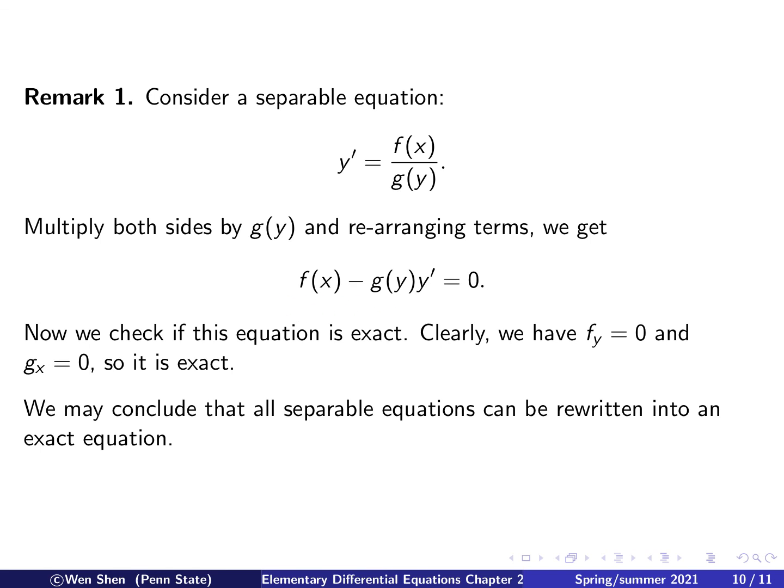Now let's check if this is exact, which is quite clear, because if you differentiate this M function, which now is f prime of x, in y, well, it's only a function of x, so it's 0. And you differentiate this in x, which is only a function of y, it's 0. So it's an exact equation. So based on this discussion, we may conclude that all separable equations can be rewritten into an exact equation.